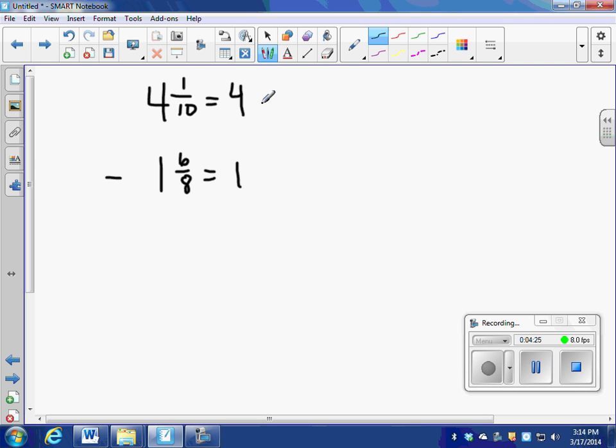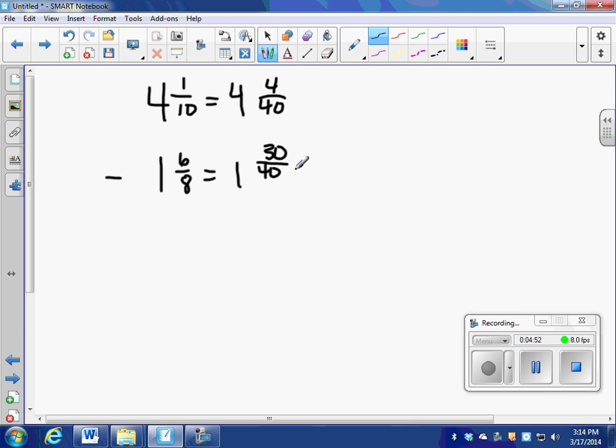And in this case, my common denominator is going to be 40. Eight times 5 equals 40, so 6 times 5 gives me 30. 10 times 4 gives me 40, so 1 times 4 gives me 4. So you can see the problem here. I've got 4 40ths minus 30 40ths, and that's just not possible.